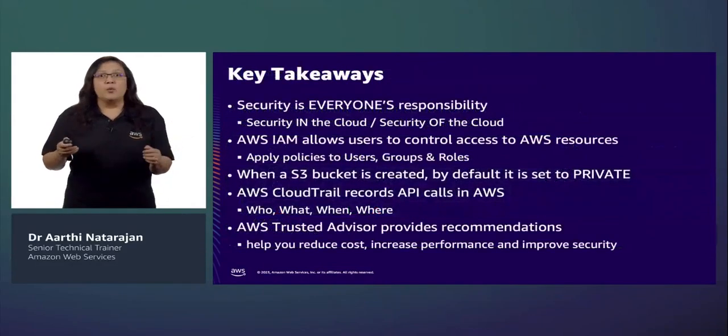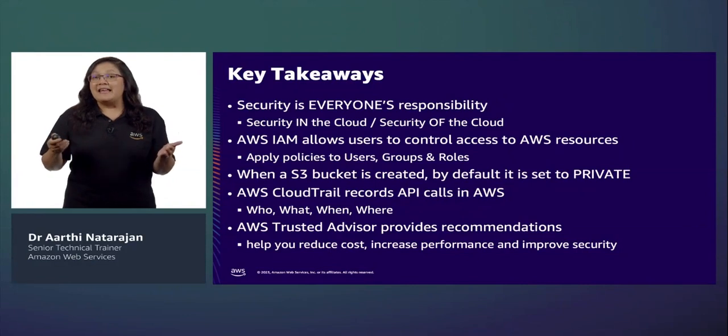So, summarizing what we have learned in the security module. Security is a shared responsibility between AWS and the customer. Customers should carefully consider the services they choose because their responsibilities are going to vary depending on the services used. We also talked about AWS IAM that enables us to implement fine-grained access control to AWS services and resources.